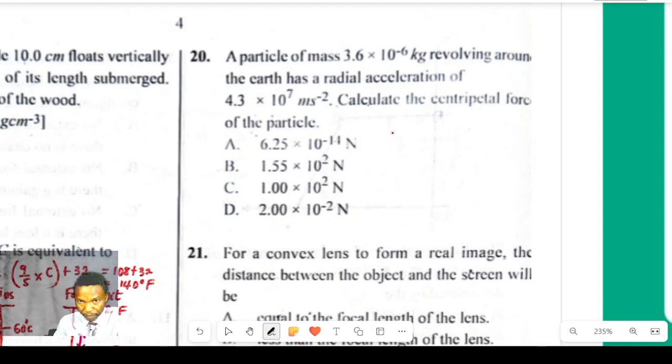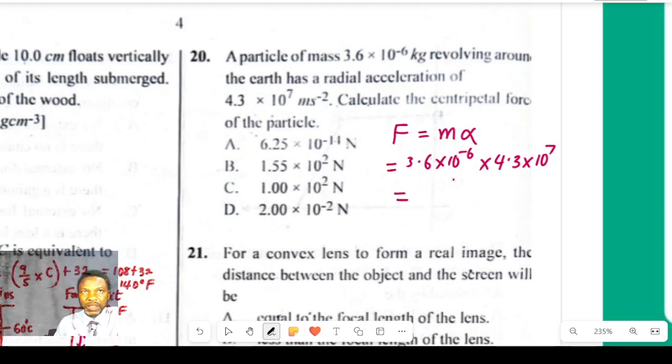So the force F is equal to m times the acceleration. That is going to give us 3.6 times 10 raised to minus 6, then times 4.3 times 10 raised to power 7, meter square.